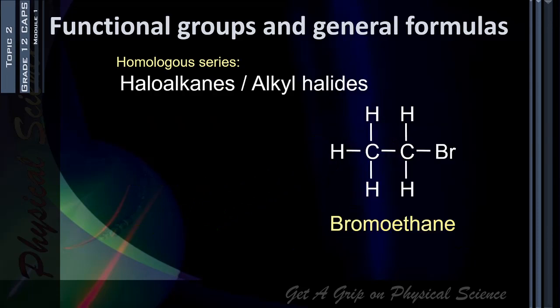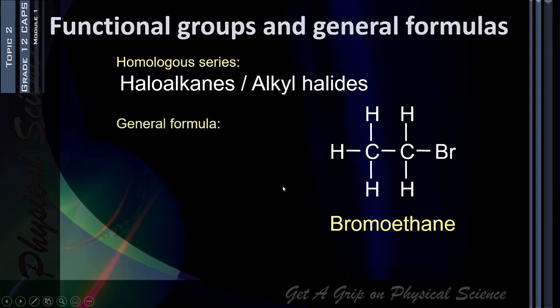The fourth group is called the haloalkanes or the alkyl halides. And the name of one of the molecules of the haloalkanes must reveal one of the halogens in the name, and then the rest of the name will look similar to one of the alkanes.